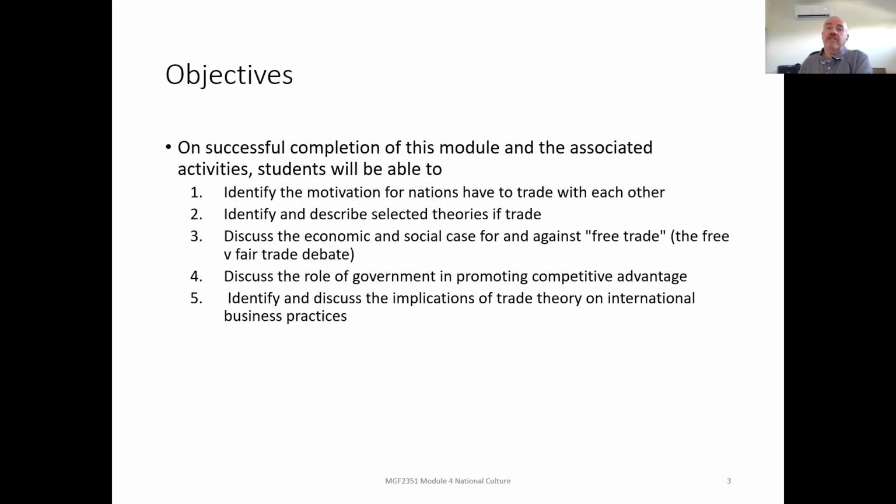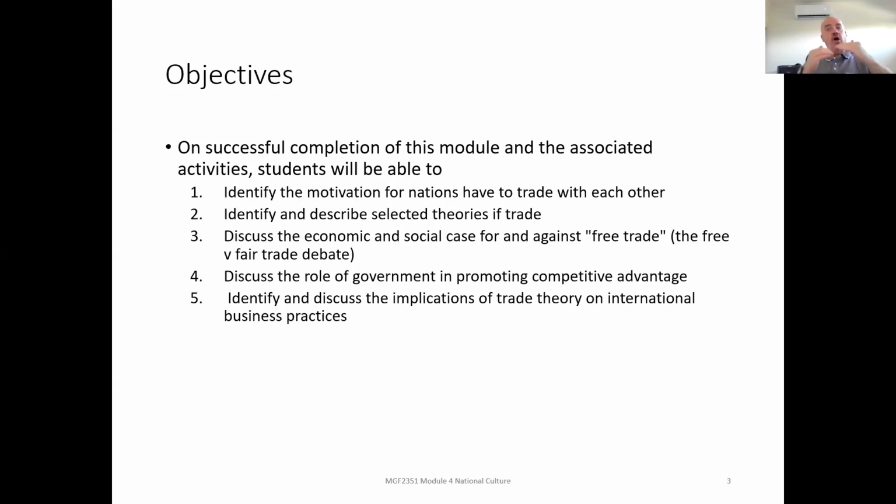We're going to discuss the economic and social case for and against free trade, effectively the free versus fair trade debate. We're going to discuss the role of government in promoting competitive advantage and identify and discuss the implications of trade theory on international business practices.